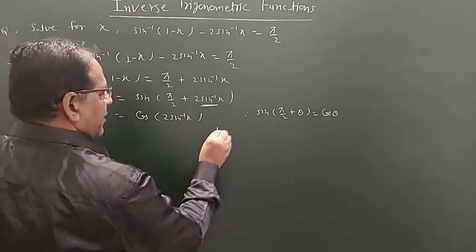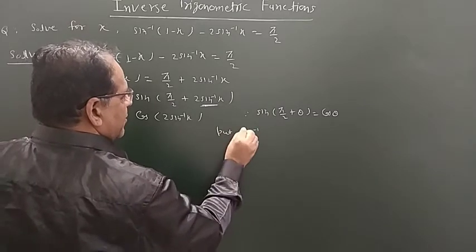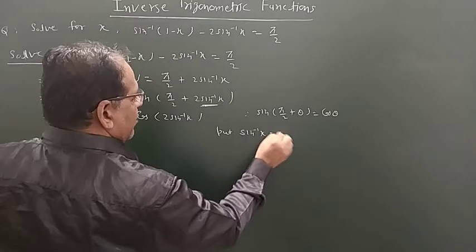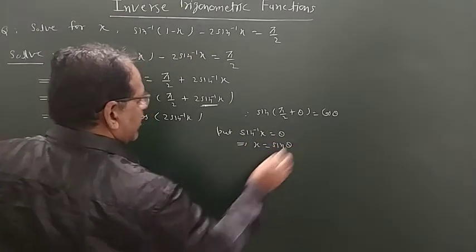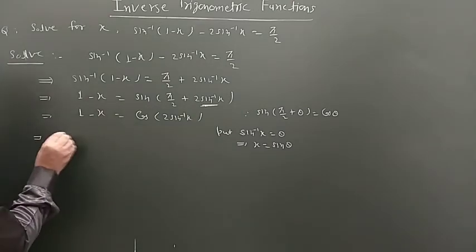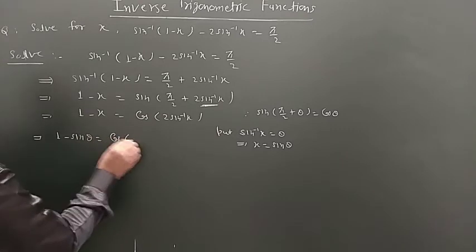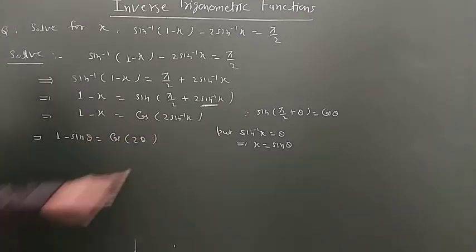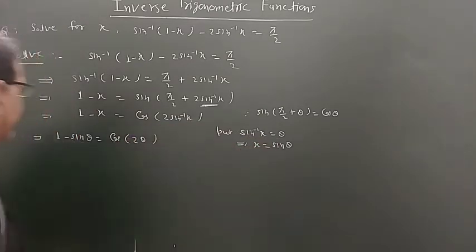Now take a substitution: sin inverse x equal to theta, that means x equal to sin theta. Now 1 minus sin theta equal to cos 2 theta, with sin inverse x replaced by theta and x replaced by sin theta.